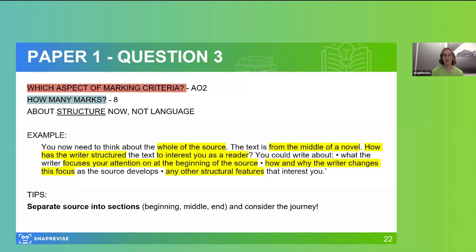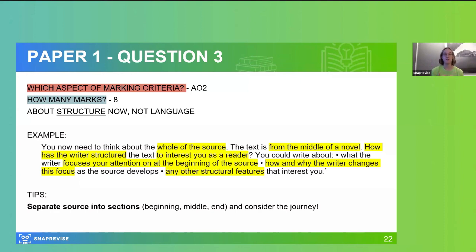So I would say think about it as the beginning, middle, and the end. I would try and put, it can even just be a tiny faint line that divides the beginning, middle, and end, so that you can see that. I would think about what kind of structural features show you that there's been a change, whether the character has made a change, whether there's a change in the journey.